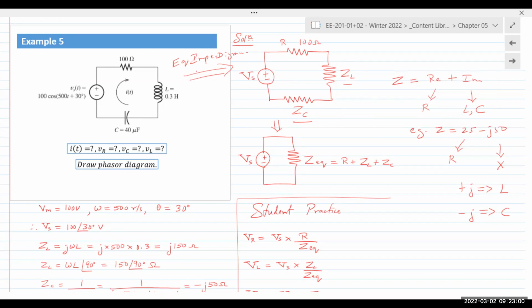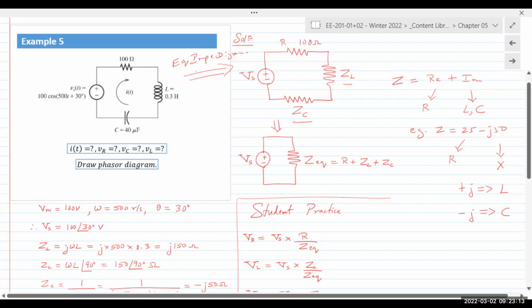So as a first step, I always strongly recommend drawing the equivalent impedance diagram, and that reduces the circuit to simple circuit analysis problems. So we have three impedances in series. We combine impedances the same way we combine resistors, and so ZEQ, the total equivalent impedance, is simply R plus ZL plus ZC.